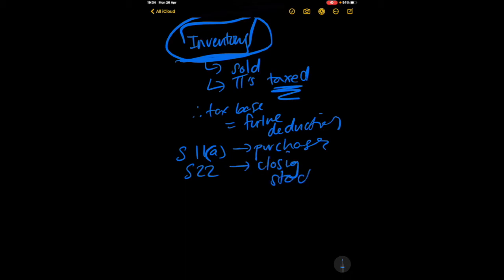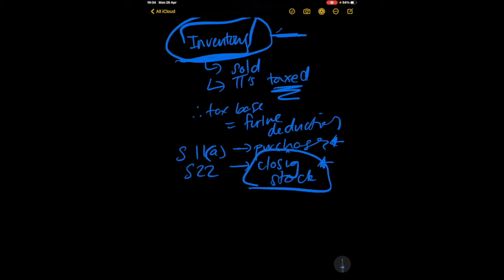So that means that even though you've claimed a full Section 11 for your purchases, any inventory you have left, you're going to add that back. So you're going to effectively reverse the full deduction that you claim. So you're adding back your closing stock.